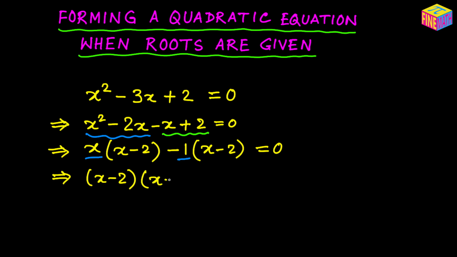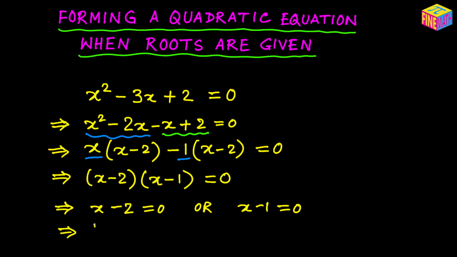So it will be x minus 1, and this is equal to 0. Now we say that x minus 2 is equal to 0 or x minus 1 is equal to 0. So the two possible values of x are positive 2 or positive 1.